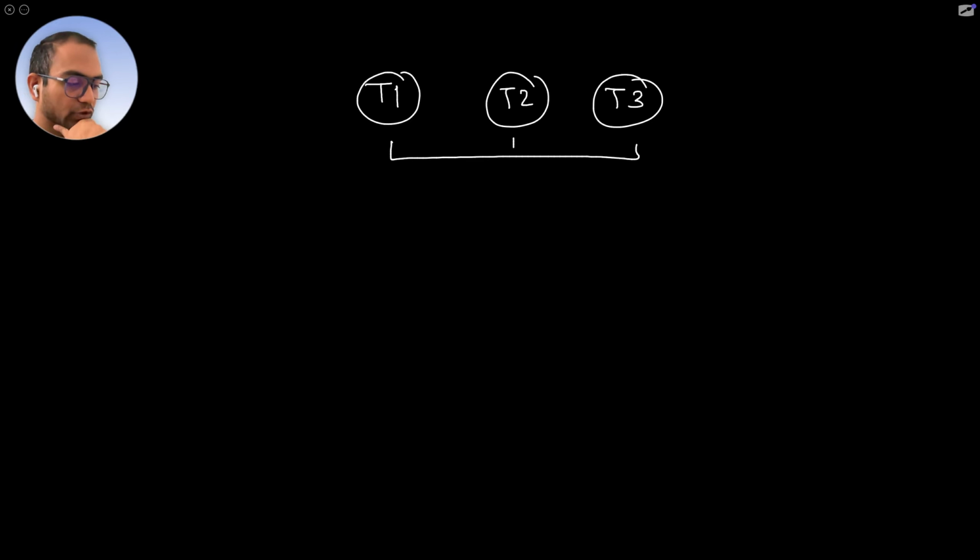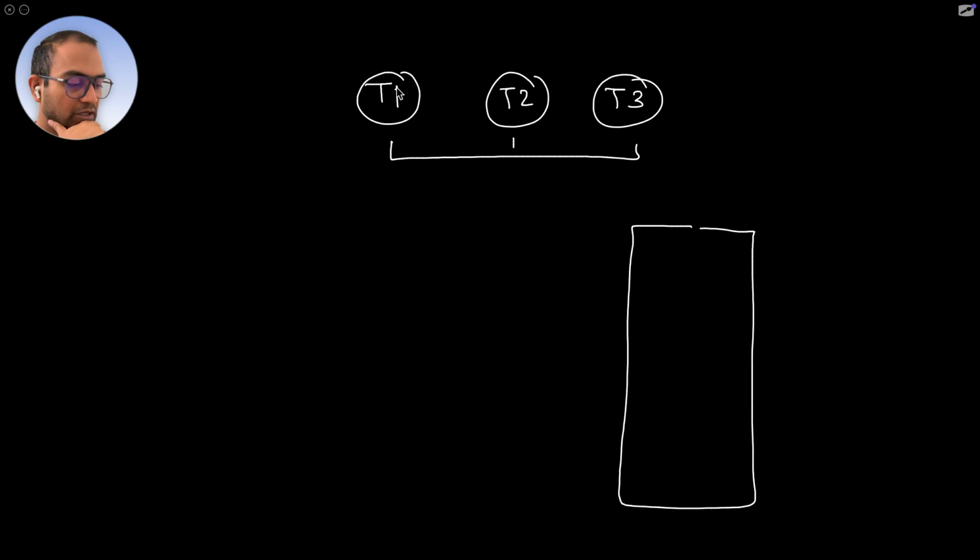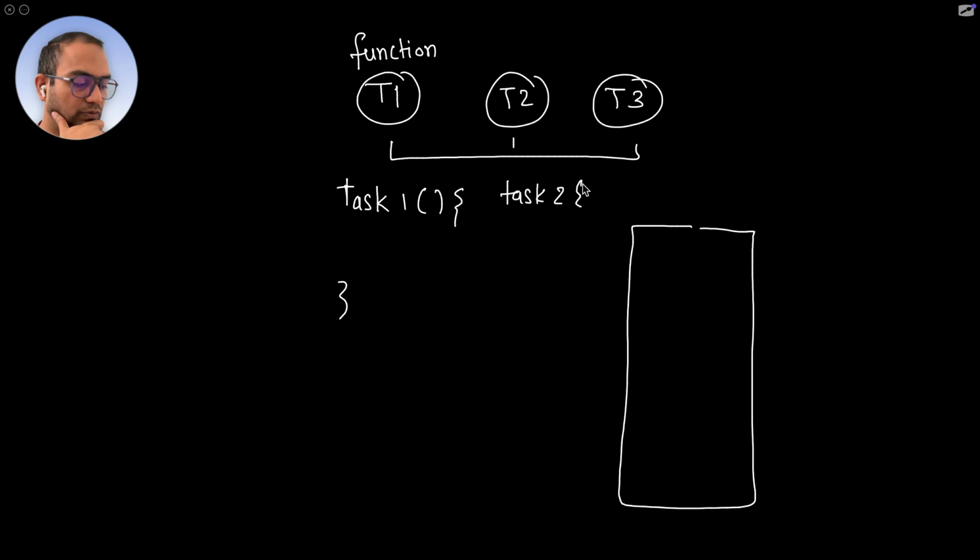So what we are going to talk about first is how T1, T2, and T3 will look like. Each of them is a function, a C function, so to speak, and let's call them task 1, task 2, and task 3.